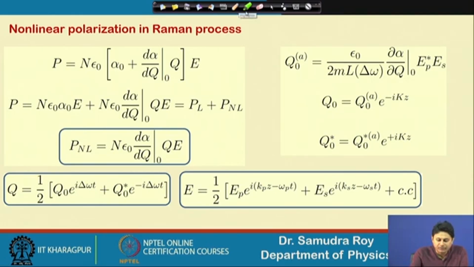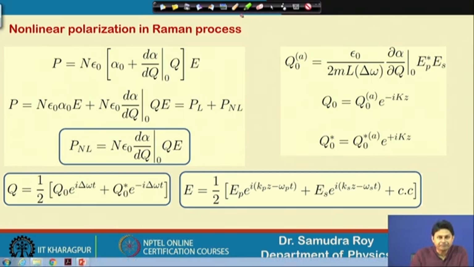So, let us quickly recap what was our nonlinear polarization. So, P was n epsilon 0 alpha of q, and E. Alpha of q is expanded as alpha 0 plus d alpha dq multiplied by q, because this is a weak function of generalized coordinate q, and after that we divide these things into two parts, P linear and P nonlinear.